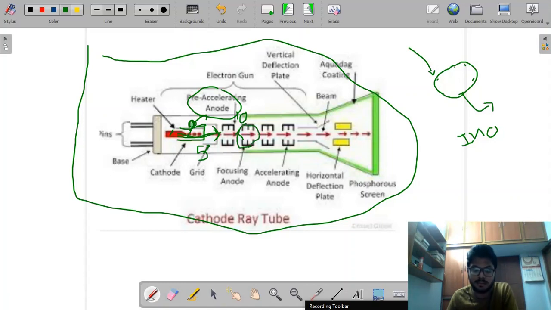Here the speed is 10, but we need to increase the speed as high as possible. So we need another accelerating anode, such that this 10 may go to 50, and the electrons strike the screen very fast.